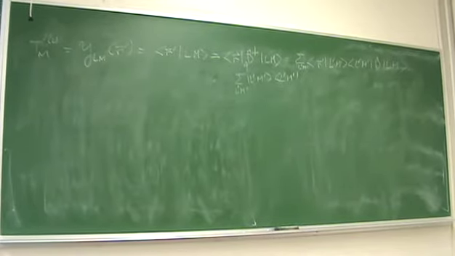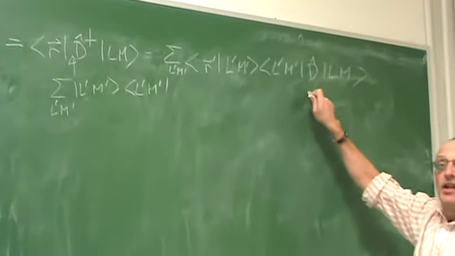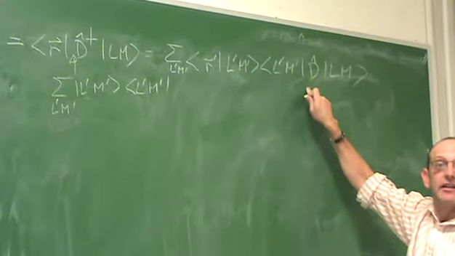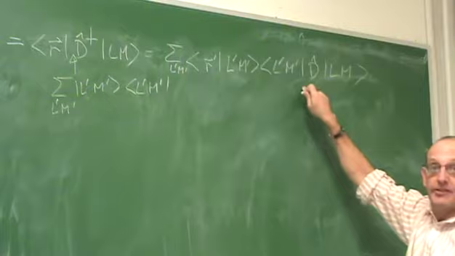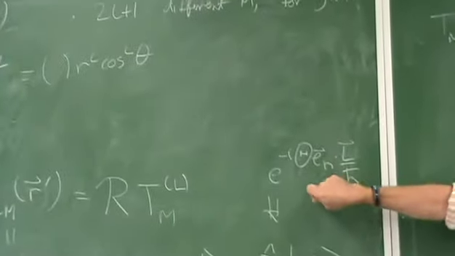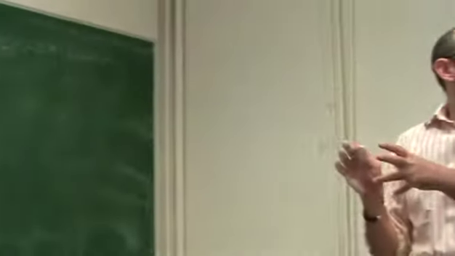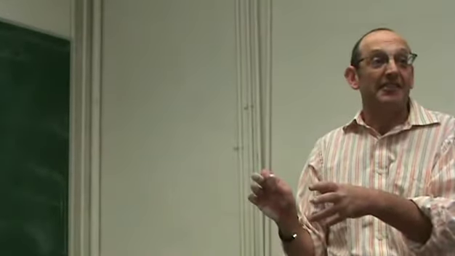What is this object here? This object are the matrix elements of this operator. Those matrix elements are the matrix elements of the rotation operator in quantum mechanics.